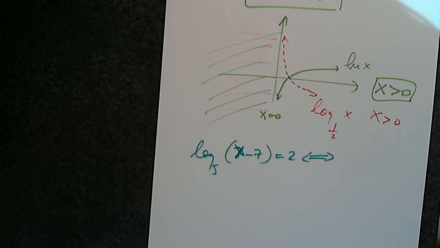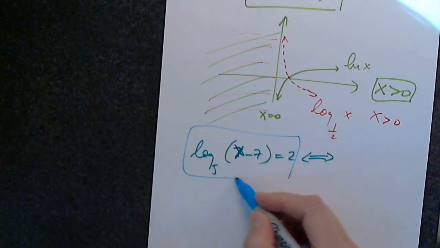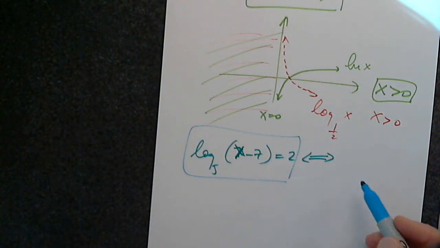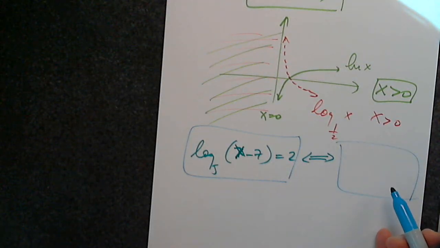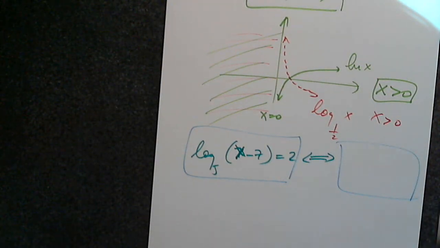But how do I write the exponential equation? Can anyone dictate how to write the exponential equation that is equivalent to this? In other words, if I solve this, or if I solve what you're going to give me on this side, it's the same thing.